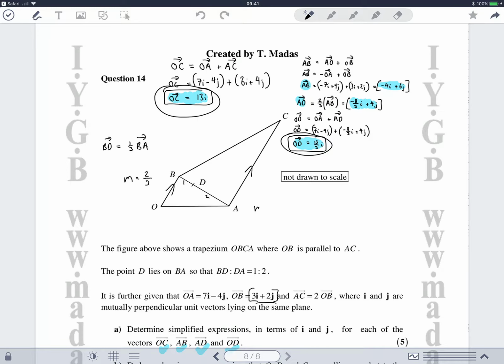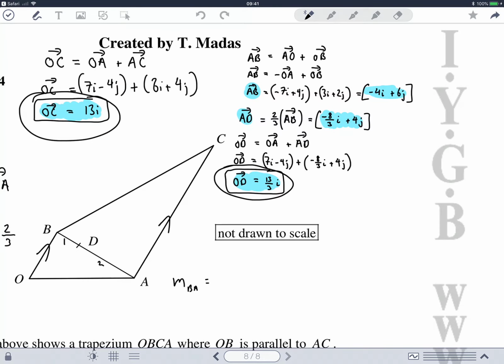Okay, and the gradient of B to A, now let's think about this very carefully, is the negative gradient of A to B. Because the gradient of A to B is the change in y, which is 6, over the change in x, which is -4.